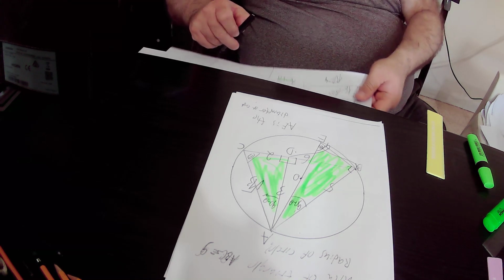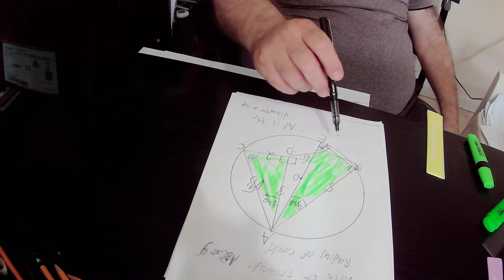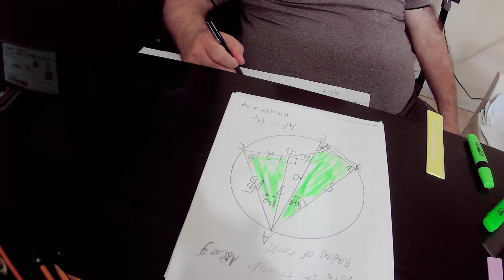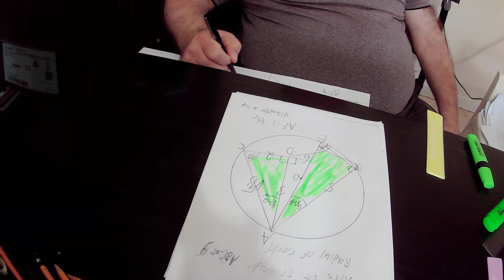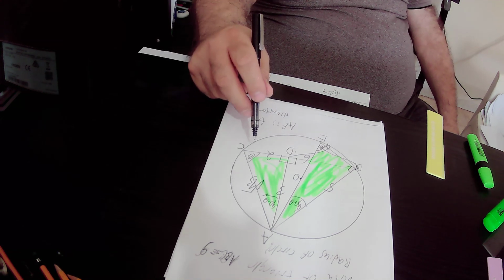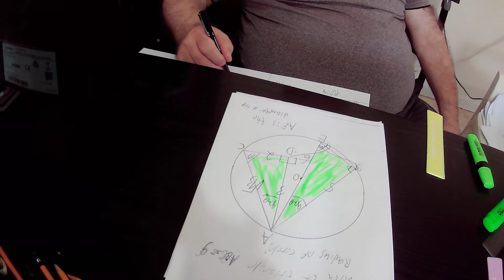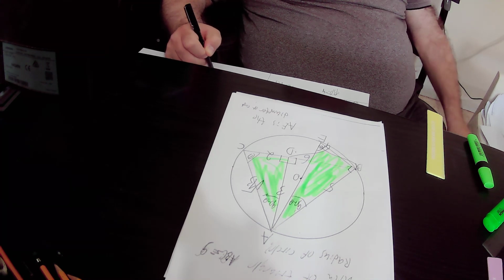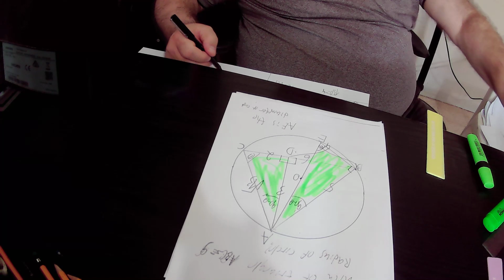So angle AEB, this angle, equals angle ACD, and they are both equal to theta, therefore they are equal to each other.